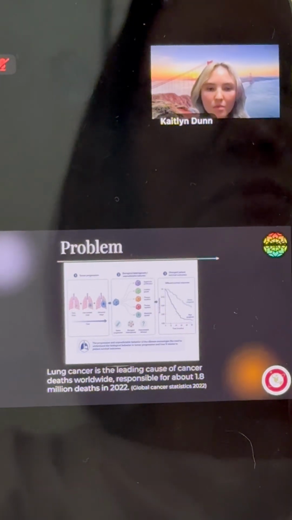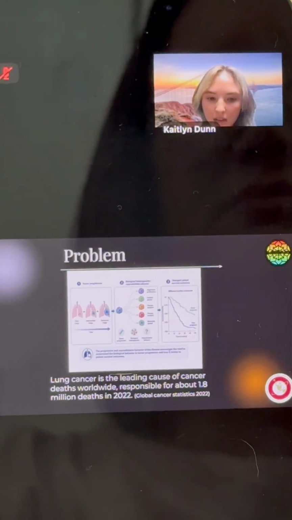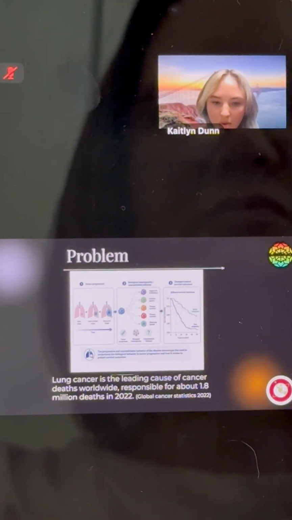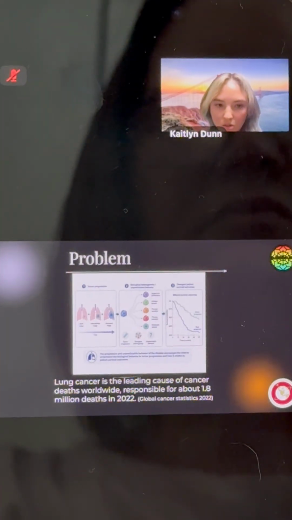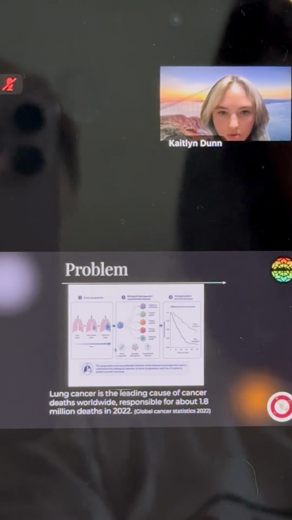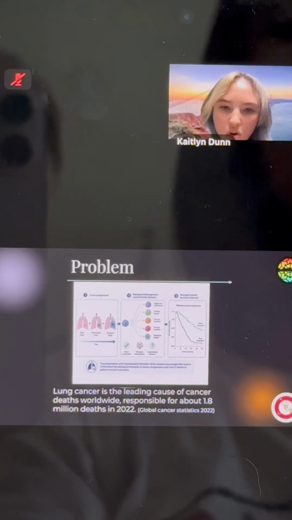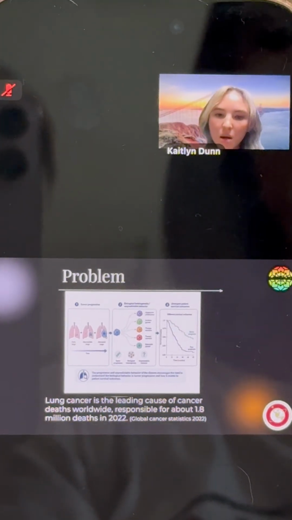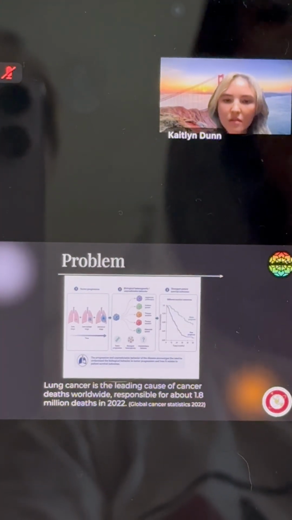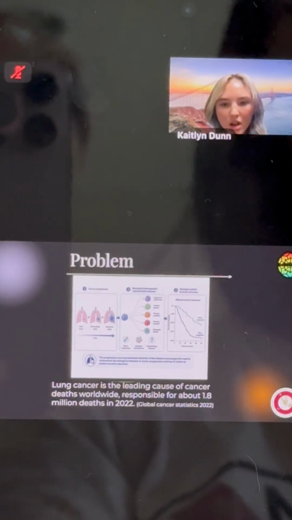So the main problem that I'm going to be addressing throughout this paper is lung cancer. Lung cancer is the leading cause of cancer deaths worldwide, responsible for about 1.8 million deaths in 2022. As you can see, tumor progression follows a nonlinear pathway that leads to biological heterogeneity and an unpredictable behavior, making survival risk approximation quite difficult to achieve.